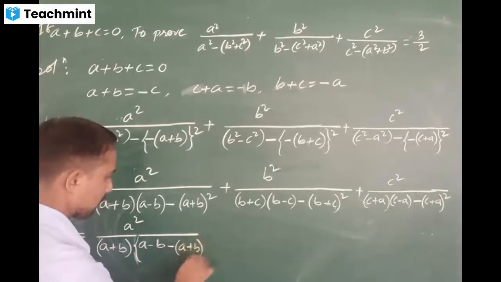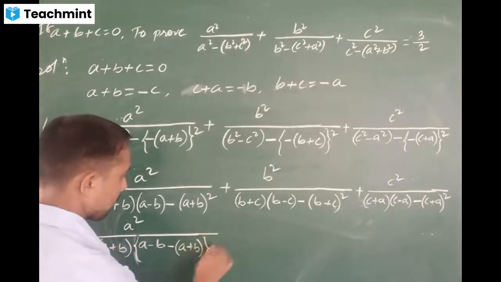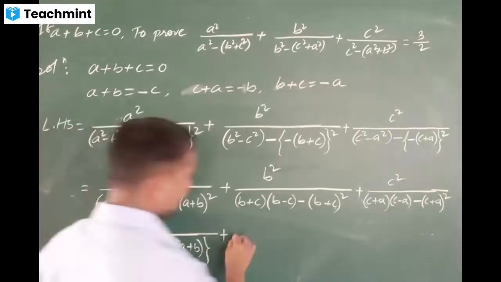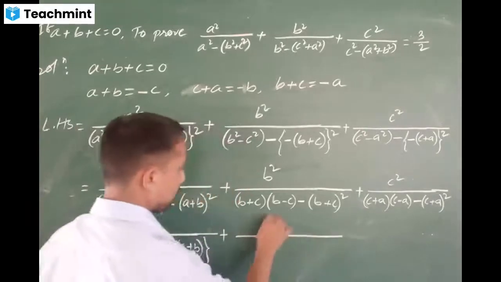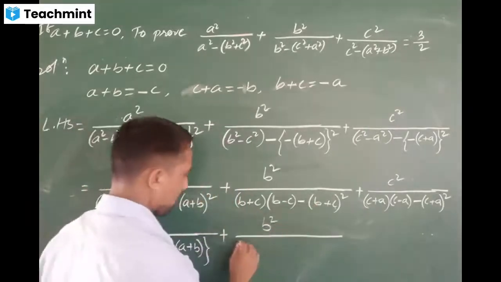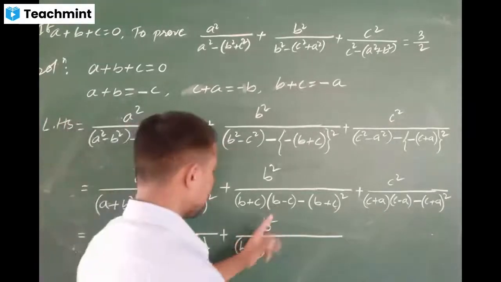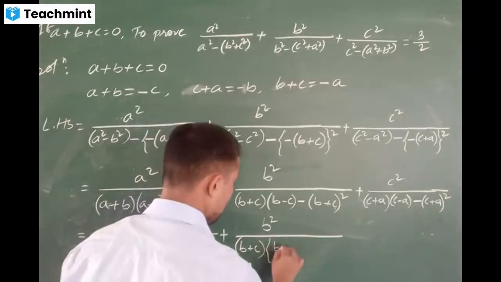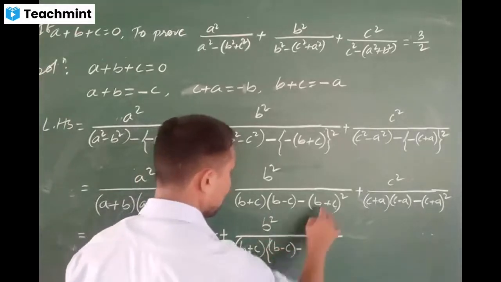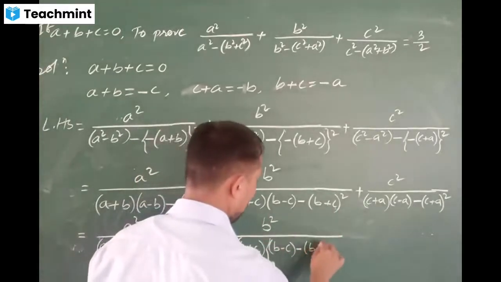Plus, from the second, b square, b plus c taken common outside, then what we have here is b minus c and another b plus c.